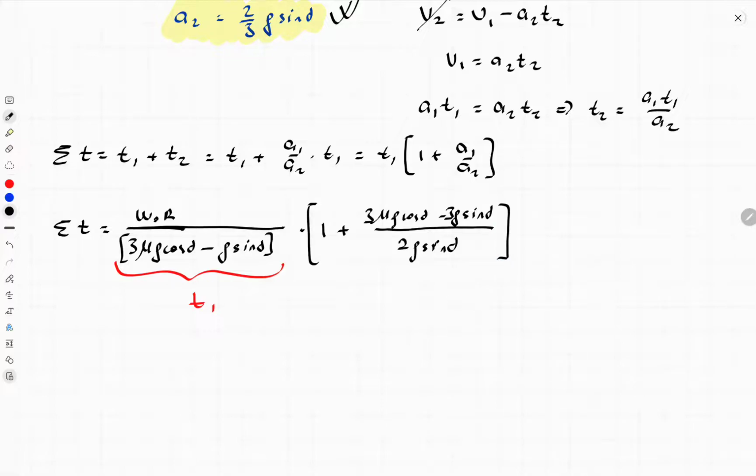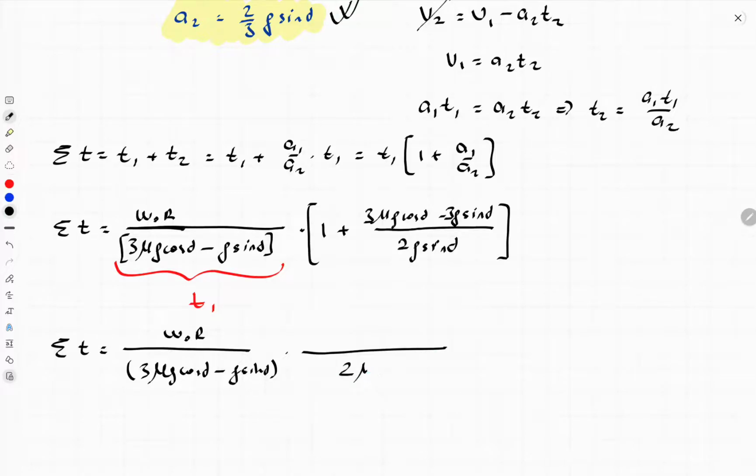Now, further is totally math. We should be very careful. Total time equals omega 0 r. Here we have 3 mu g cosine alpha minus g sine alpha, times, here we have 2 g sine alpha. Here, 2 g sine alpha plus 3 mu g cosine alpha minus 3 g sine alpha. So as you noticed, here we have 2 g sine alpha minus 3 g sine alpha.